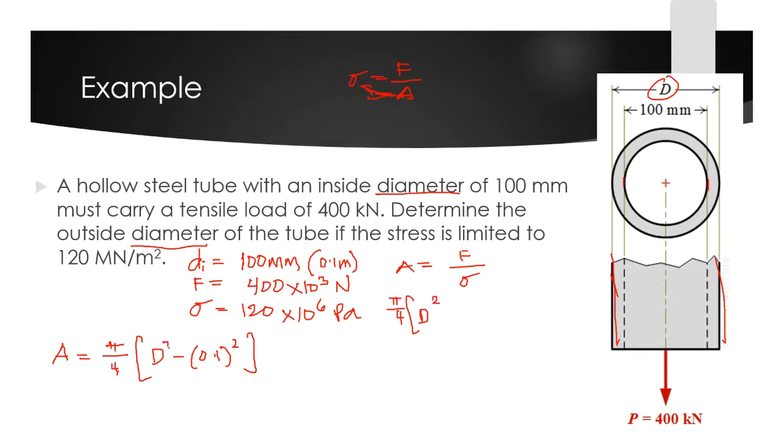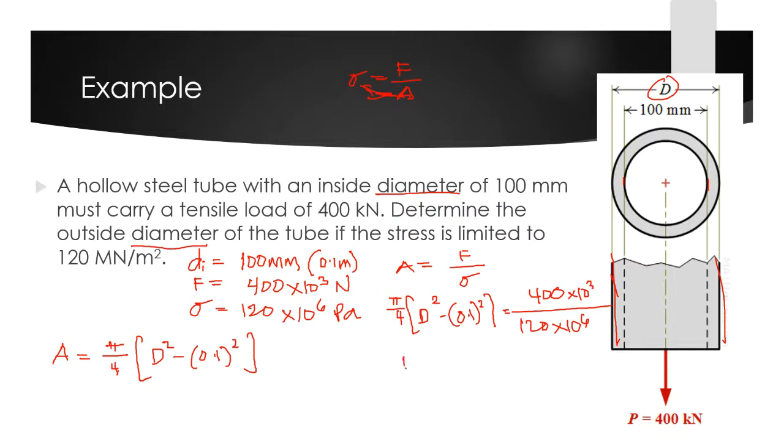Sorry, this should be D squared. Pi over 4 times 0.1 squared is equivalent to the force, which is 400 times 10 cube Newton, divided by our stress, which is 120 times 10 raised to 6 Pascal.